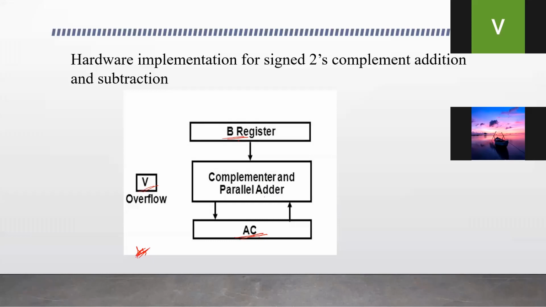If it is addition, B is directly sent to the parallel adder with AC and it is added. And if it is subtraction, B is 2's complemented and added to AC, using the parallel adder.